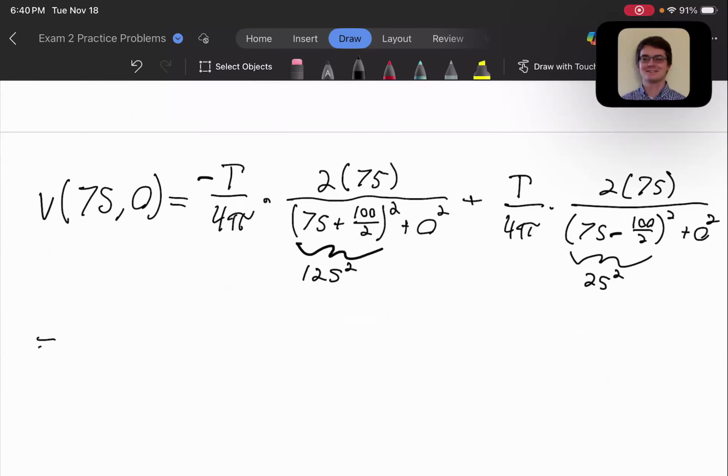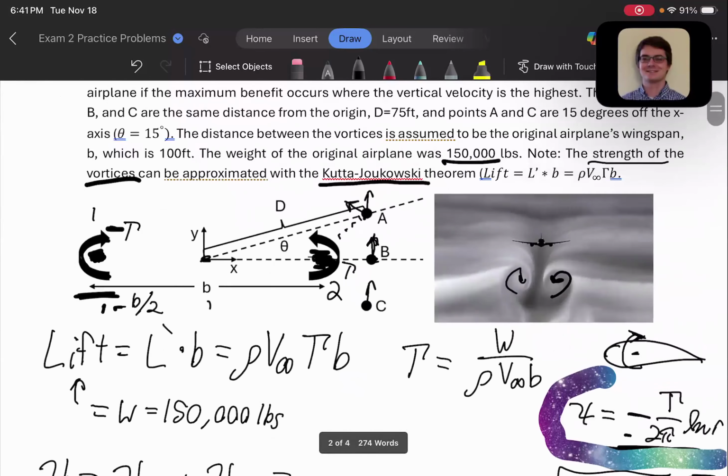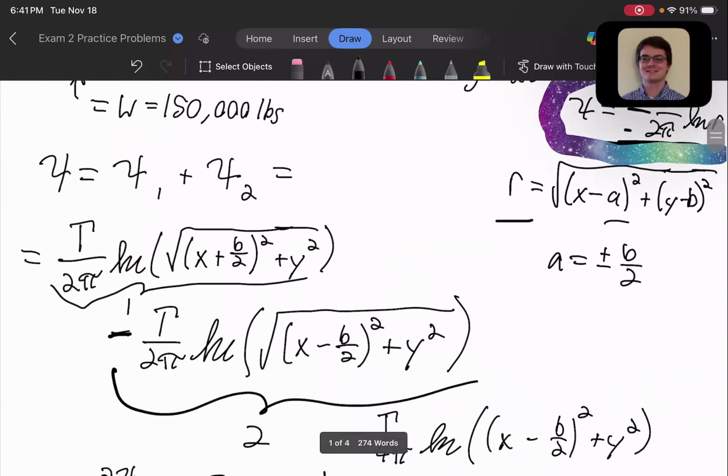Okay, so just to collapse it together and write it a little nicer, what we have is gamma times 150 over 4 pi multiplied by 1 over 25 squared minus 1 over 125 squared. This is where we can go back to that gamma definition we came up with earlier and plug that in. So it equals W over rho VB.